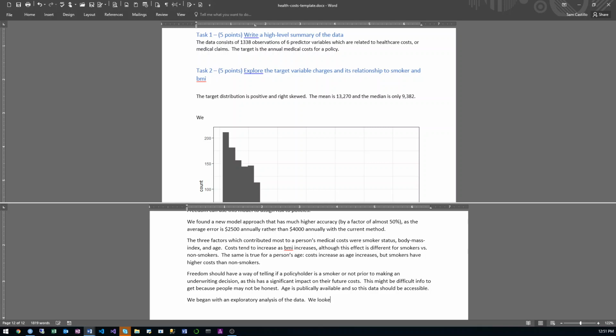We looked at 1,338 policies from the prior year, and I had 6 different variables for each related to the policyholder's demographics, health status, BMI, gender, age, and number of children.